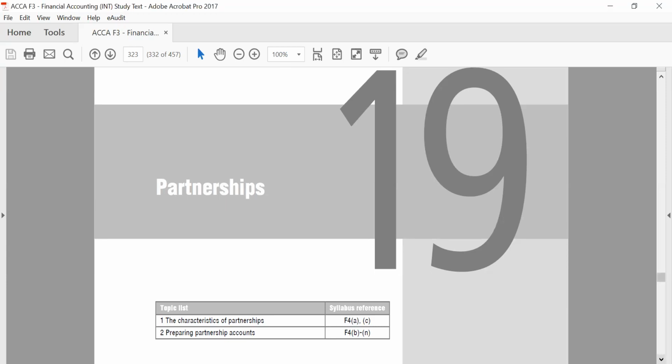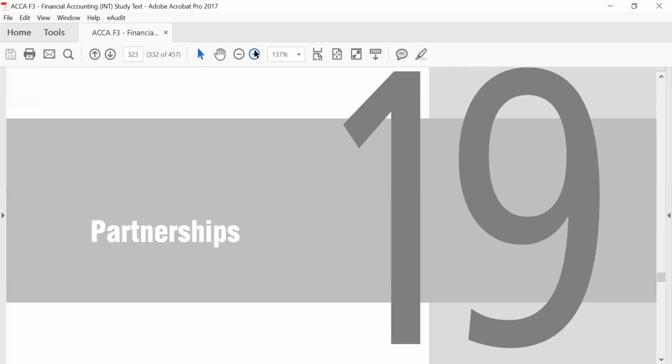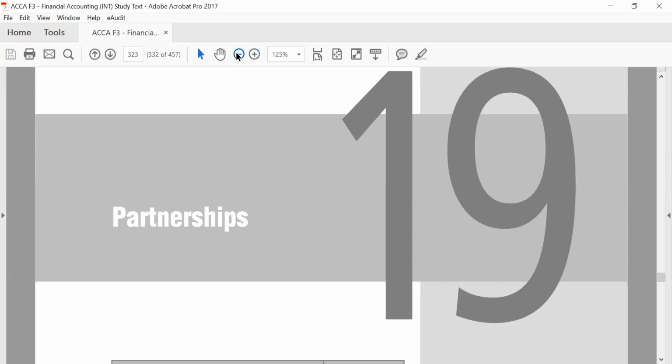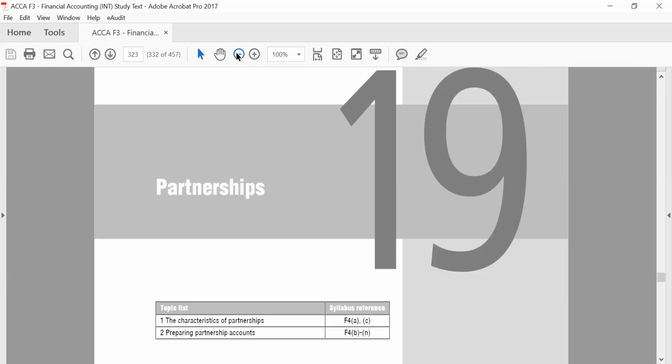We are here to look at partnerships and more so preparation of partnership accounts. Partnership is one of the forms of businesses that we have, just like the way we have limited liability companies, sole proprietorship, and not-for-profit.